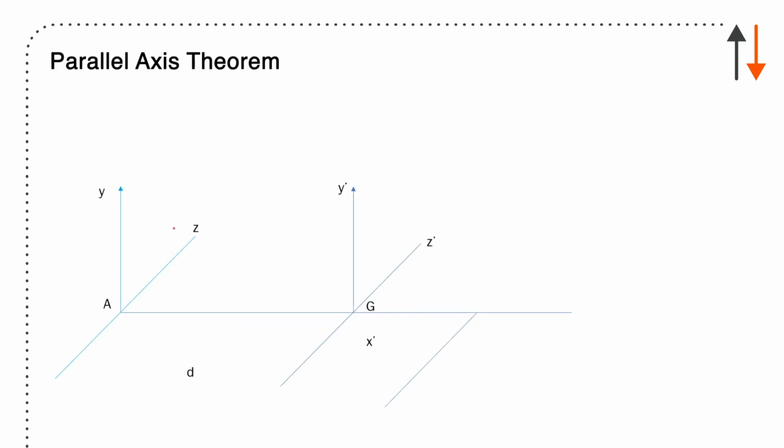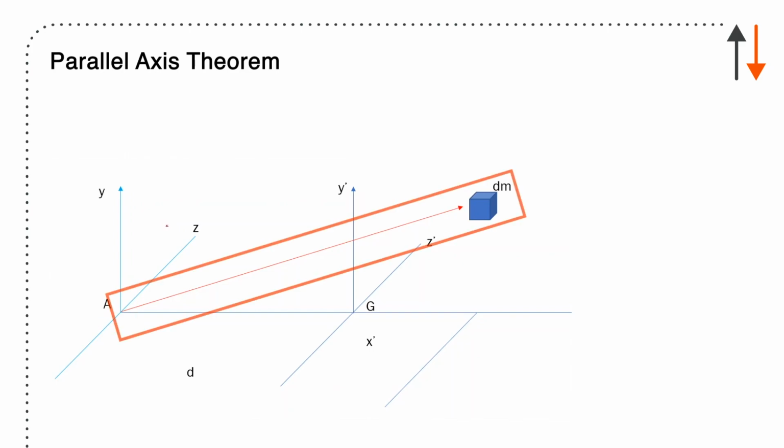However, the most important thing you really got to know about moment of inertia are two relationships, the parallel axis theorem, where say you have a body that you've defined with respect to some axial point. The origin is at A, and dm is a distance defined by that red arrow.